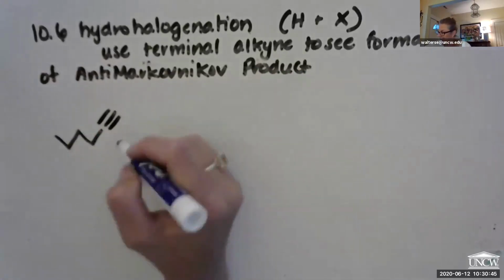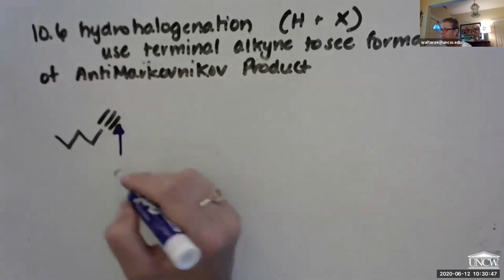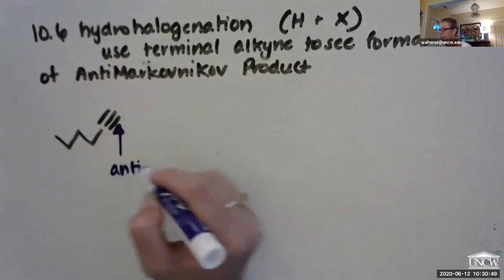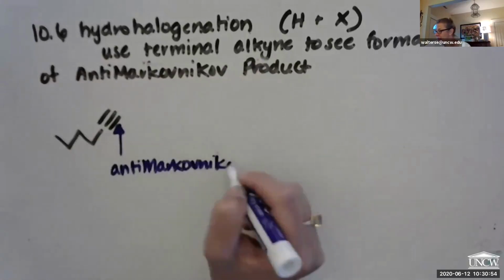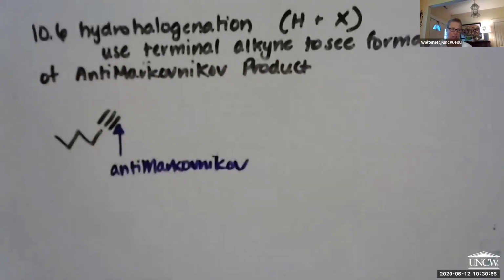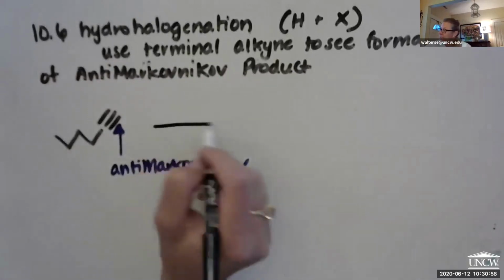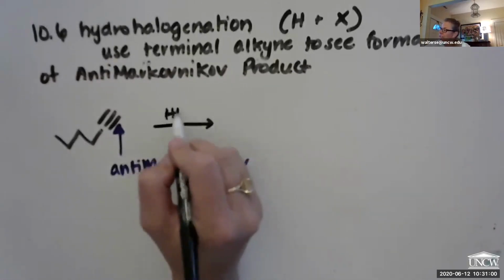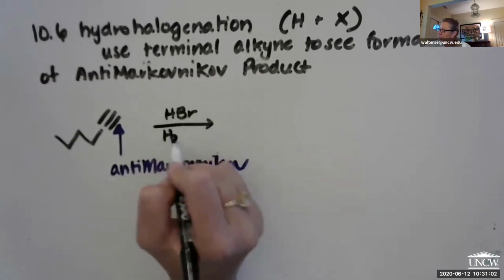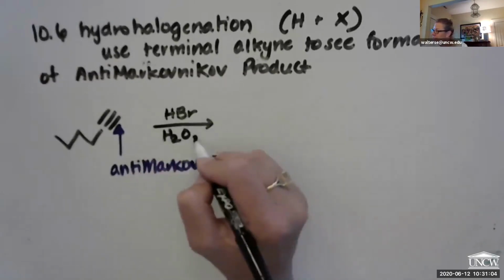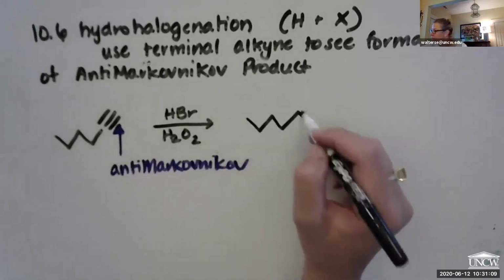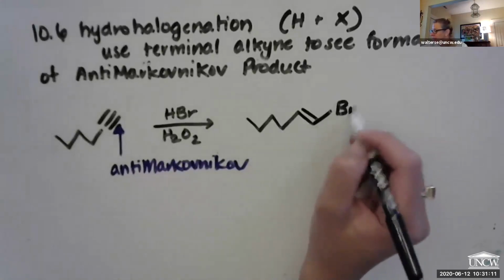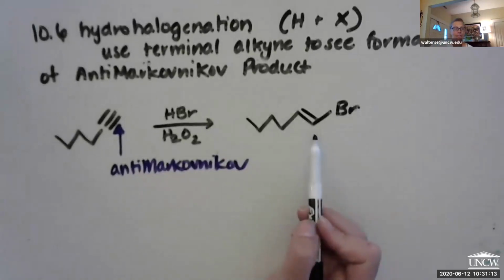Now this is the anti-Markovnikov carbon. So in this case, if you put in one equivalent of HBr in the presence of peroxide, then what you end up with is your bromine on the less highly substituted carbon.